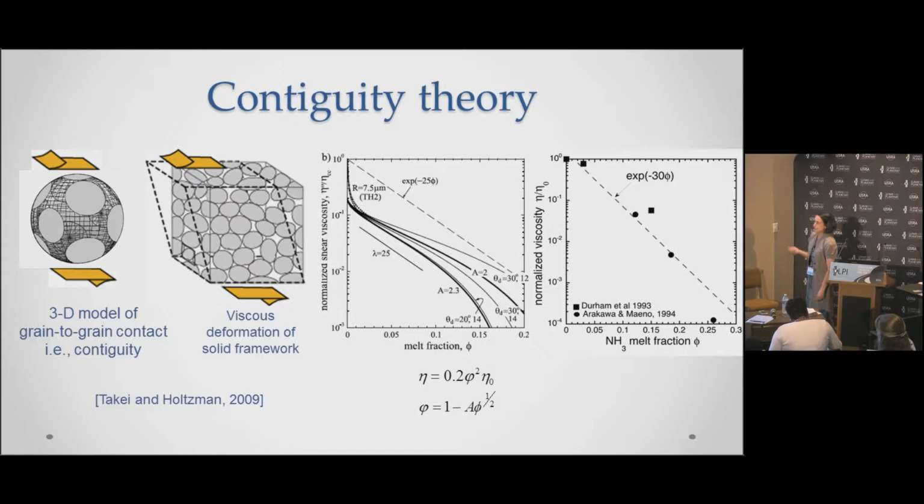As melt fraction increases, contiguity decreases, and how does that affect, for instance, the viscosity when some sort of stress is applied? And they come up with this prediction, which has a precipitous drop and then a more gradual decrease with increasing melt fraction. And that depends on the dihedral angle of the system.